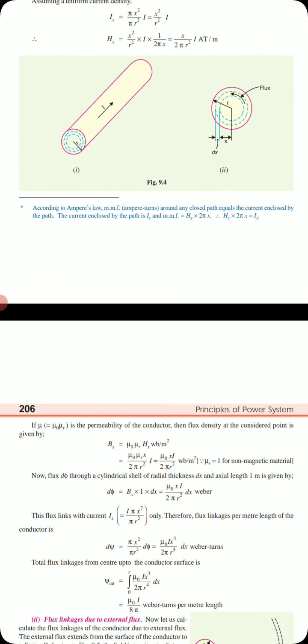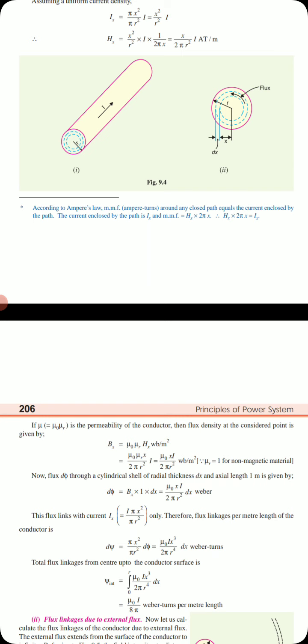If mu is the permeability of the conductor, then the flux density at the considered point is given by the relationship between flux density and magnetic intensity, B equals mu H. Here Hx is considered, so I will take the flux density as Bx. Bx is equal to mu naught into mu r into Hx, Webers per meter square, where mu naught is the absolute permeability and mu r is the relative permeability depending upon the magnetic material.